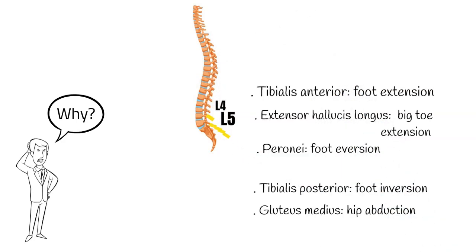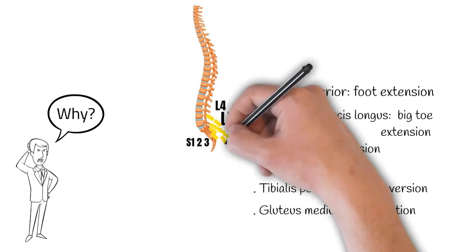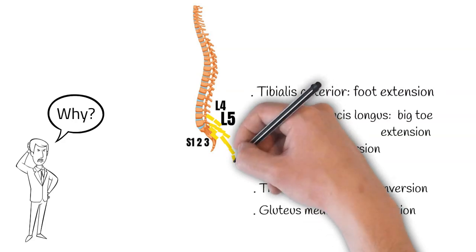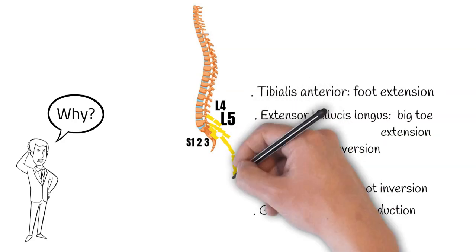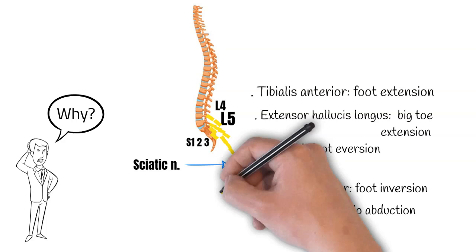Now let's come to the common peroneal nerve. The L4, L5, together with the first three sacral roots, unite to form the sciatic nerve. The sciatic nerve is considered the biggest peripheral nerve in the body, and it divides into two major divisions.